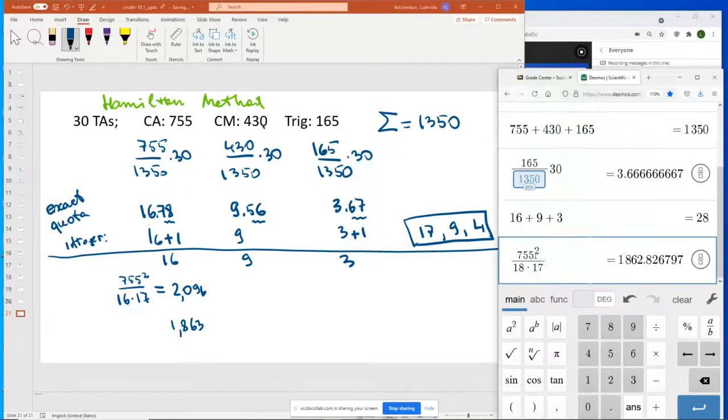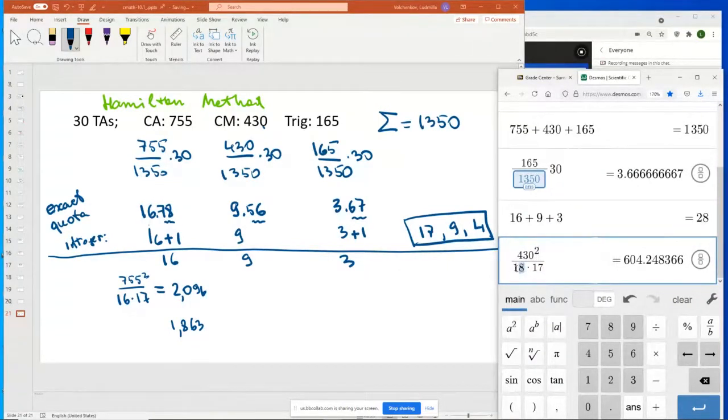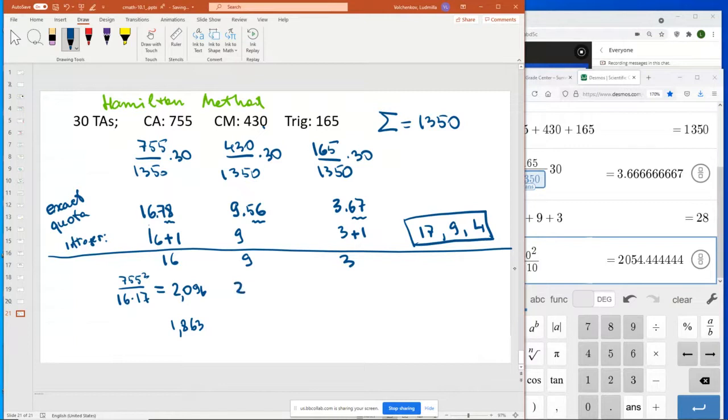Okay, returning to the second group, the population 430. 430 squared. The present representation is 9. The future representation 10. 9 plus 1 is 10. So the HH number will be 2054.